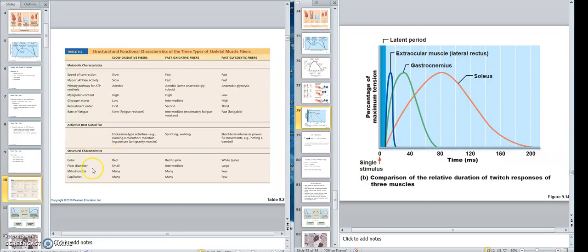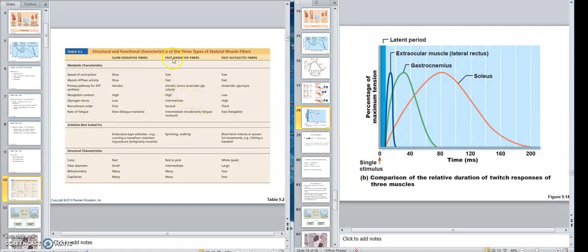We had come down to what the diameter was, and then we said these have a lot of mitochondria and a lot of blood vessels, capillaries. Remember to get that, a lot of blood vessels. They're very red. Why? Because they have a lot of myoglobin. Myoglobin is that red. So these would be more like your postural muscles, your leg muscles, stuff like that there.